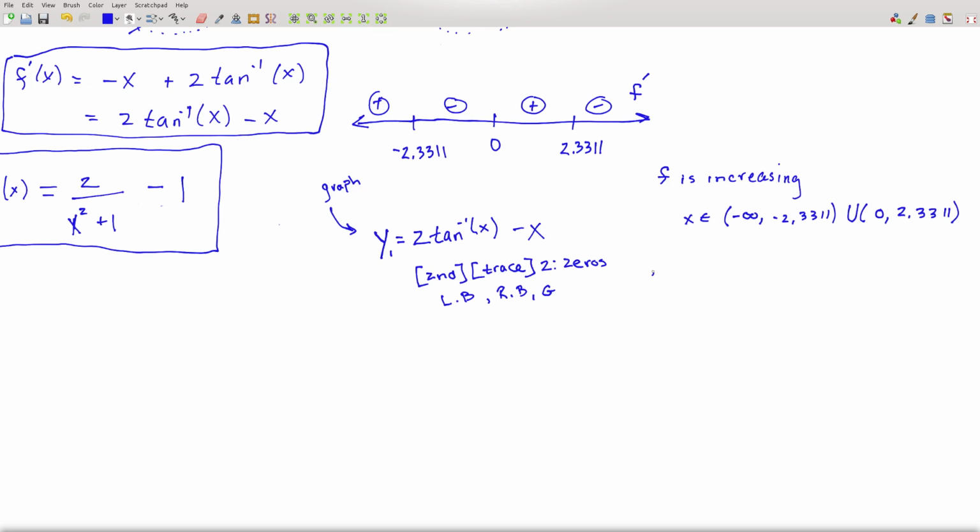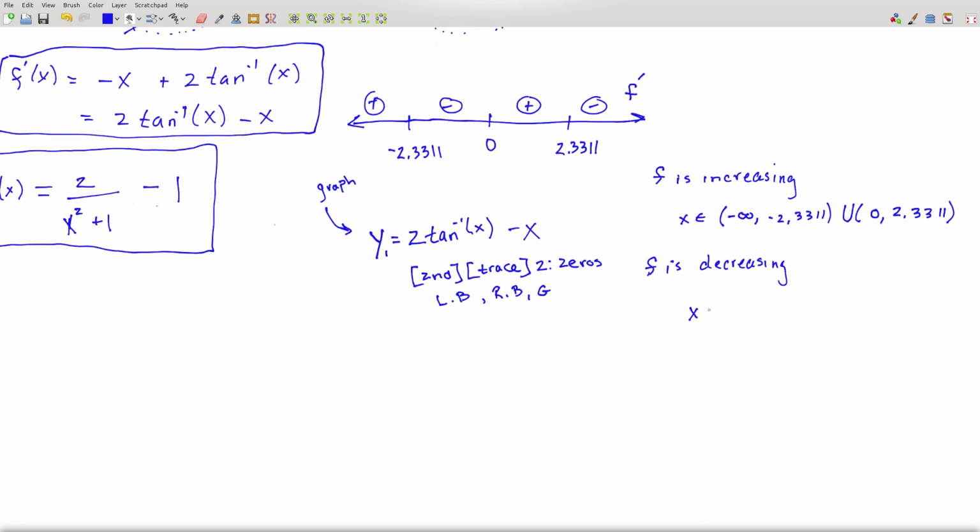Let's also indicate where f is decreasing. So f is decreasing on the intervals, well, that's wherever the derivative is negative. So we'll say this is on the interval here, x belongs to negative 2.3311 to 0, right?